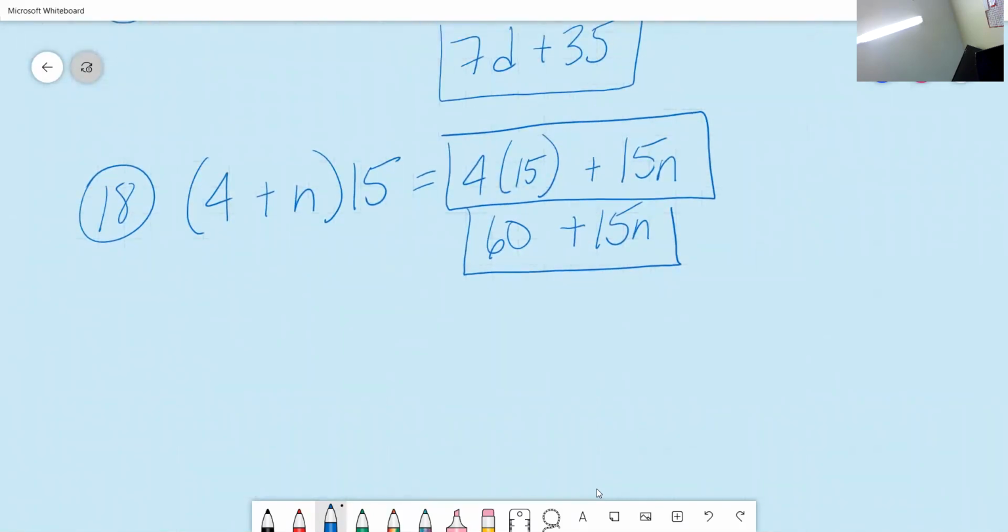Okay. So for number 20 through 26, we are using the distributive property to compute the following products mentally. So number 20, again, this is practice using those big brains of yours. So we have 4 times 7 plus 4 times 3.